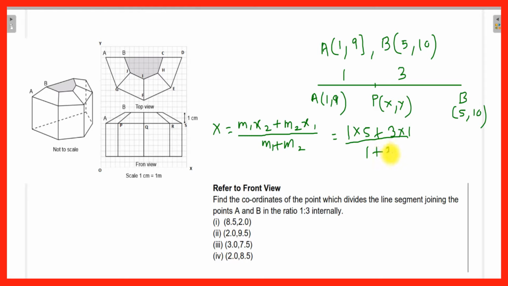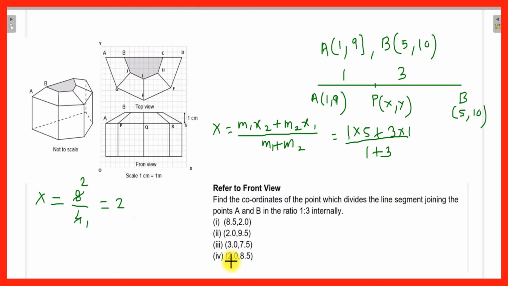Now I solve this further. 5 ones are 5, 3 ones are 3, 5 and 3 will be 8, and 1 plus 3 is 4. So 4 twos are 8. So x coordinate will be 2.